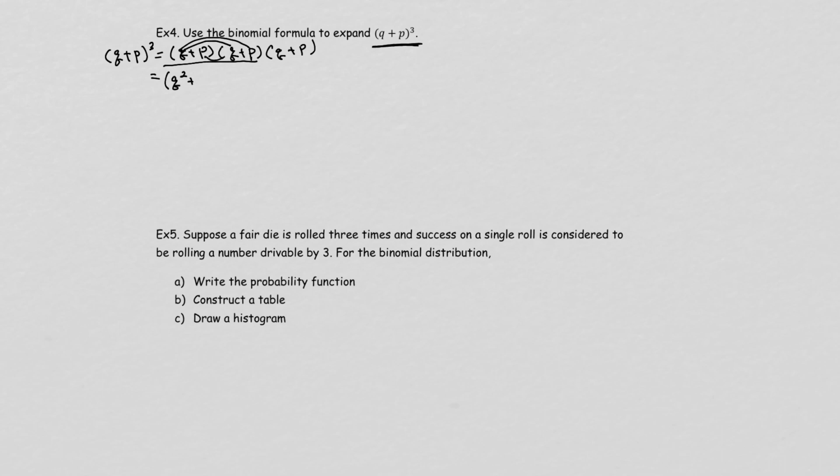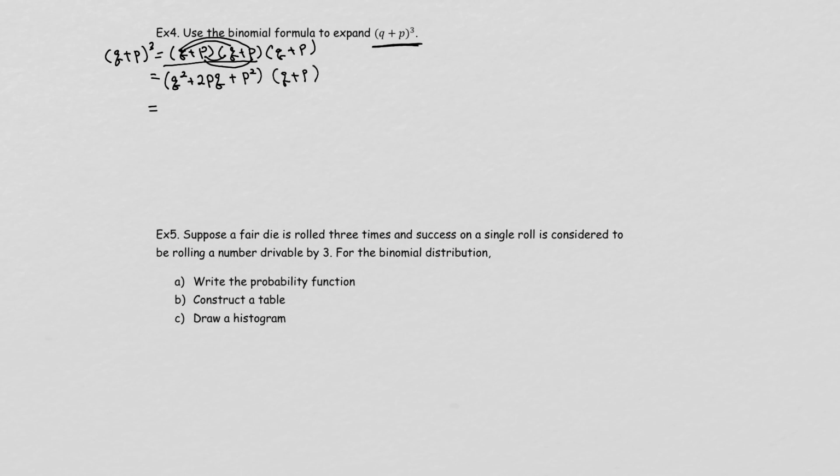And then you do the same thing on the outside, and you're going to have the like terms. So it gives you 2pq, and then plus p squared is what you're going to get. And then you're going to distribute this.